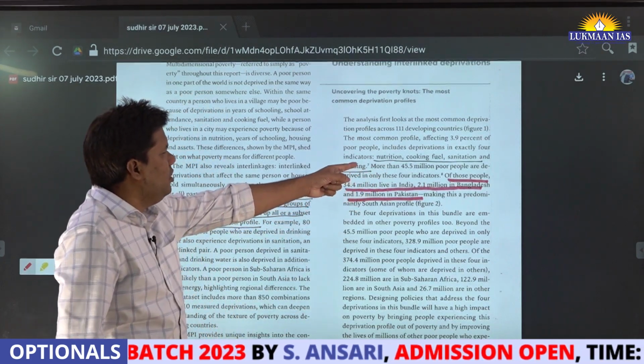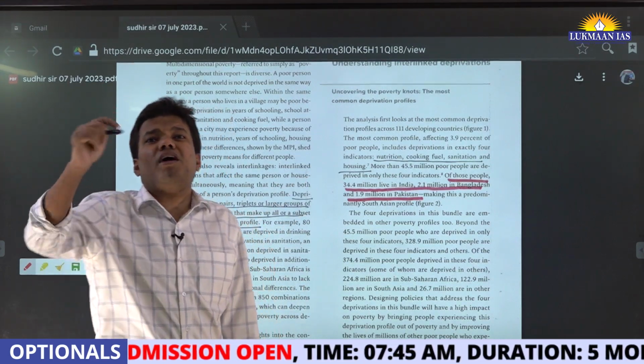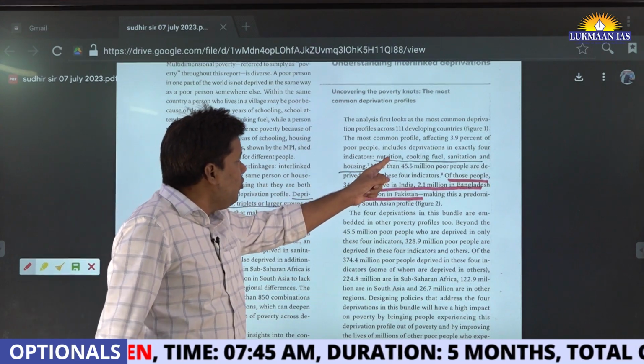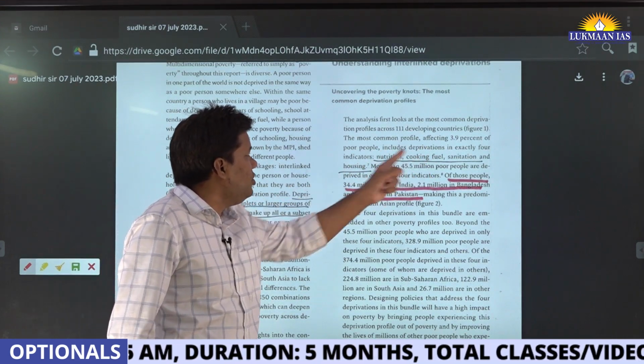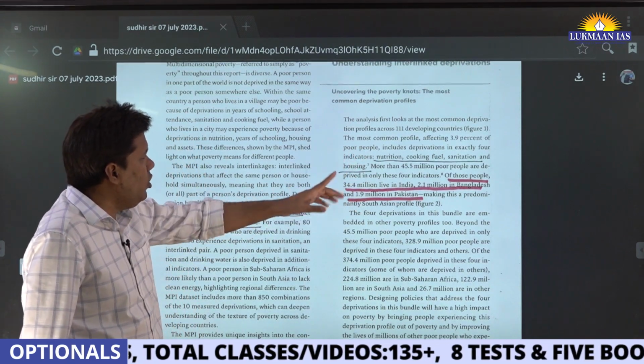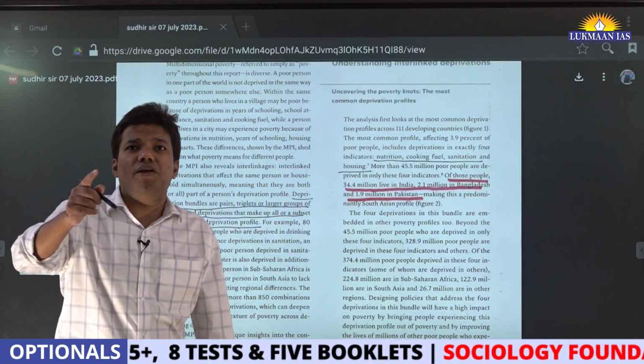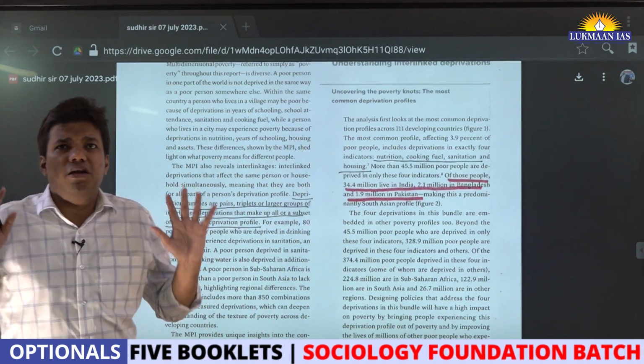Electricity is not a major cause, although Indians need it; electricity is a major cause of poverty in the sub-Saharan area. But in India, what you have to focus on is nutrition, cooking fuel, sanitation and housing. Right? And if you have to focus on only 3 things, then nutrition, cooking fuel and sanitation. Sanitation is also very, very important for the sub-Saharan region.